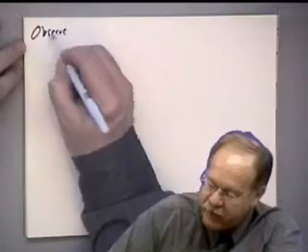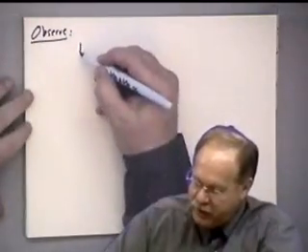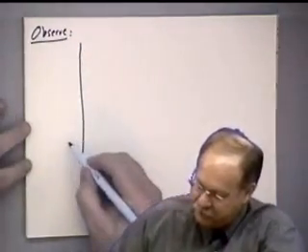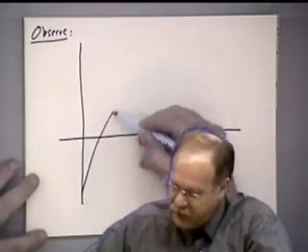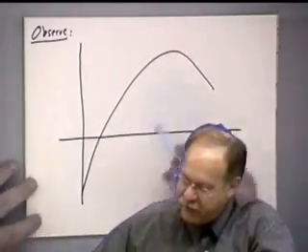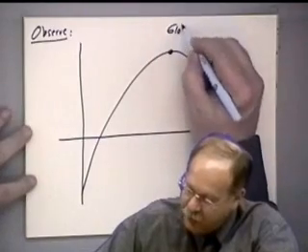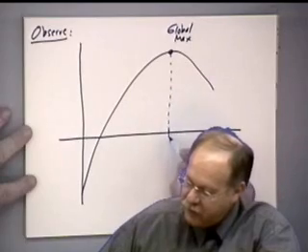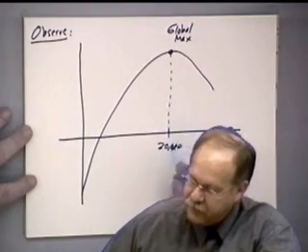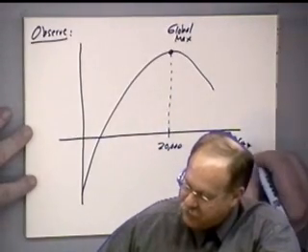Here is the picture, as I always recommend you draw, to emphasize what we just did. The curve looks something like this when you graph it. Here, of course, is your global max. And that is occurring down here at 20,000 units. So this axis is in number of units.